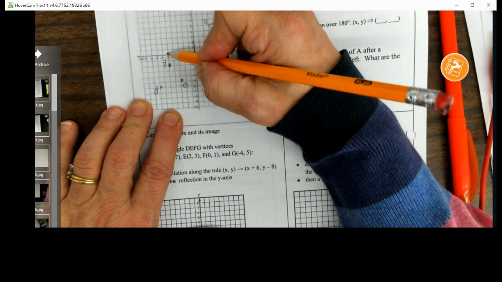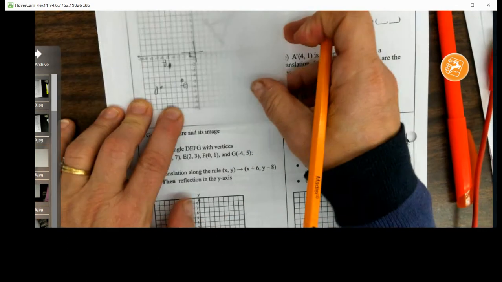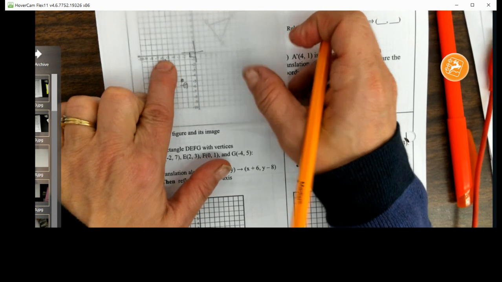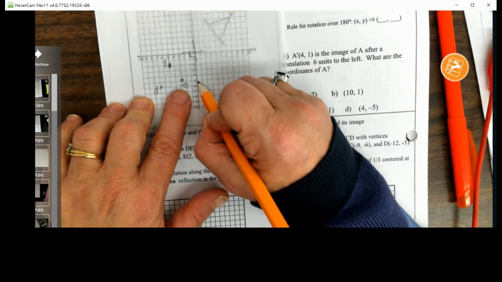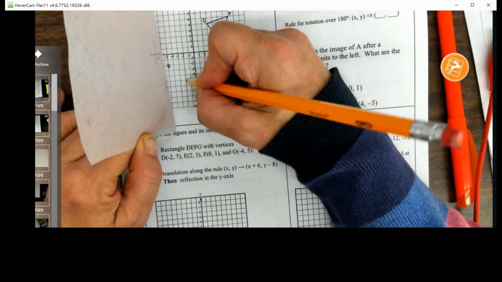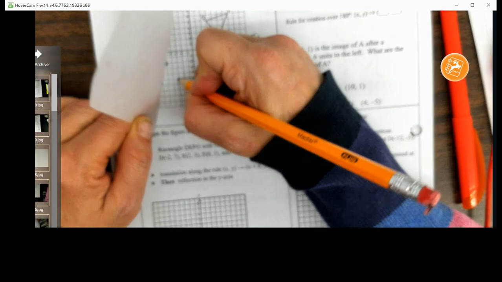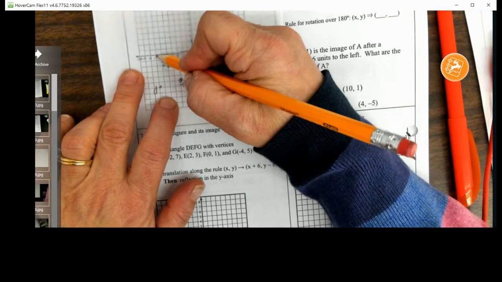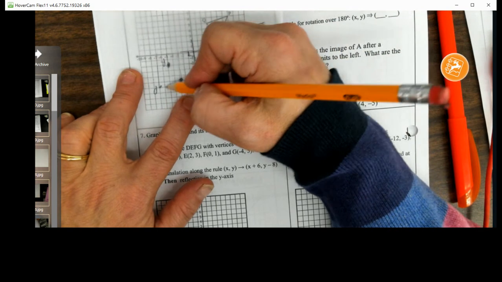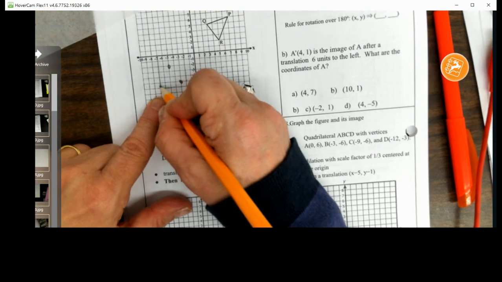Okay, and now I'm going to figure out what my points are. R is (-5, -2). And Q is (-3, -5). And my P is (-7, -6).